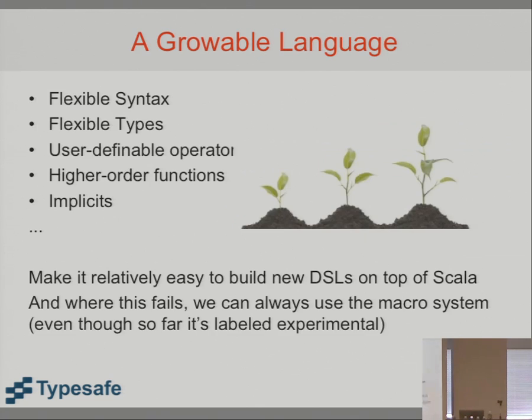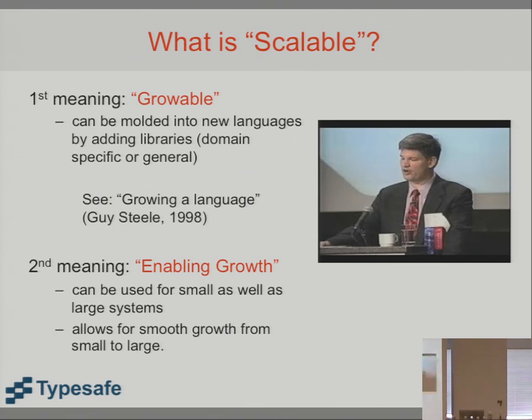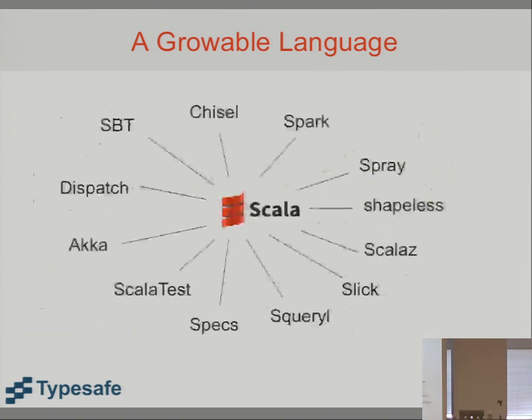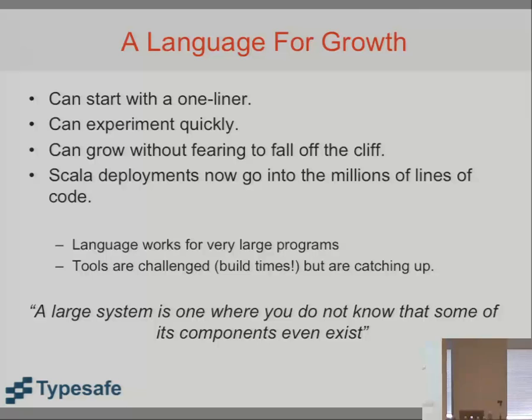The other meaning of scalable means enabling growth. So that means you can start with a small system, you can start maybe with some experimentation in the REPL or in a worksheet, and you can grow from there and take it all the way to a really large mission-critical system. And Scala is also pretty good at that.